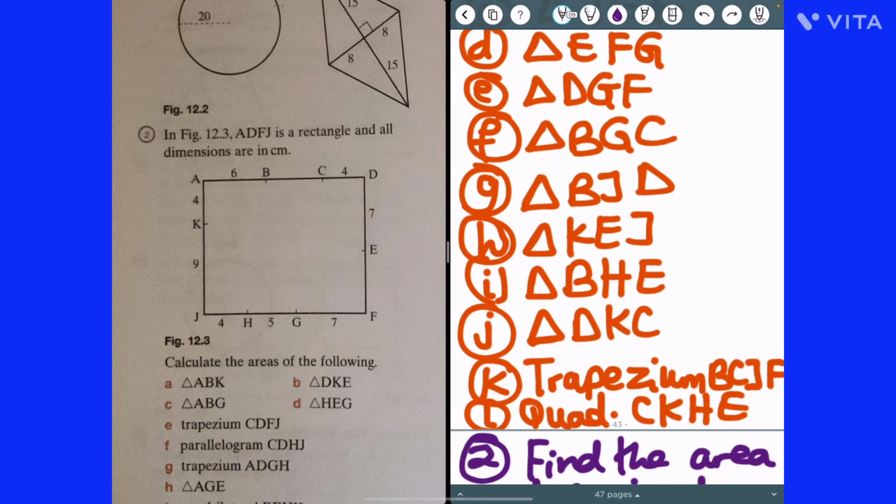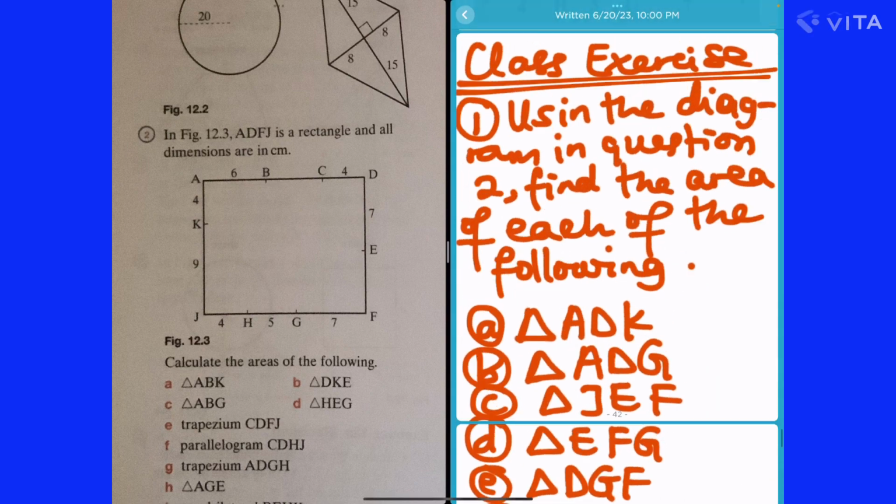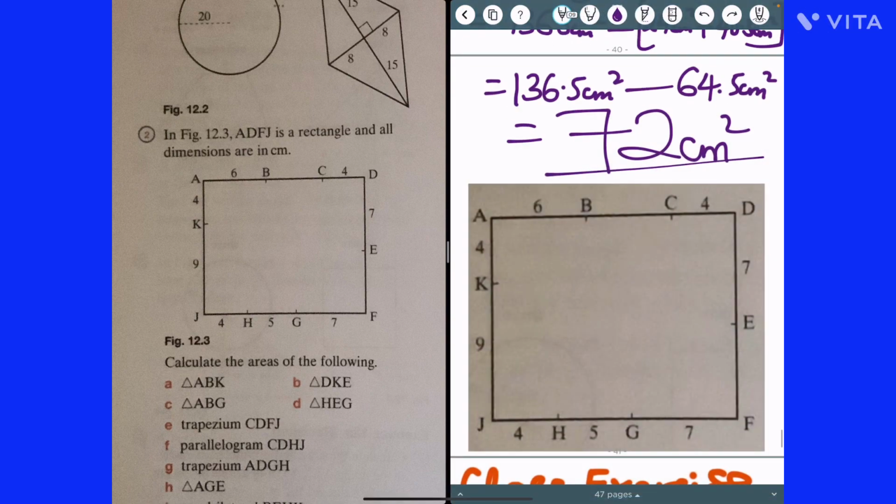Next is the area of triangle DKC. Let me mark that out. Area of triangle DKC. This is D. K. This is triangle DKC. Okay, that's pretty funny.